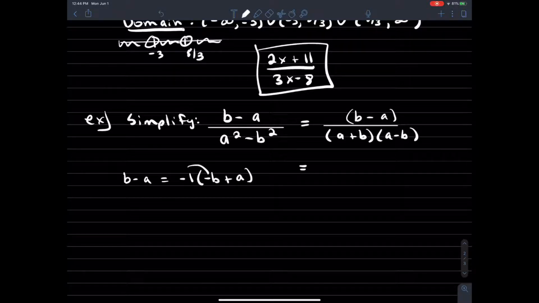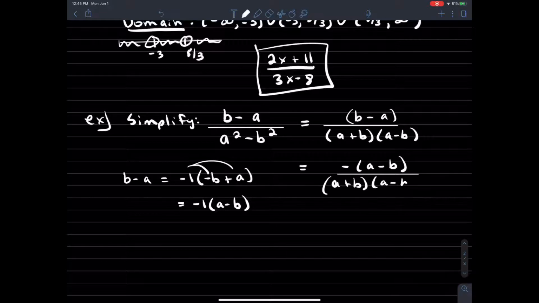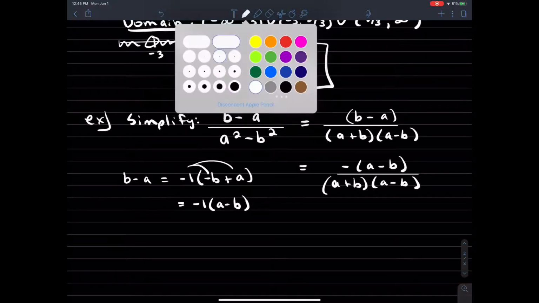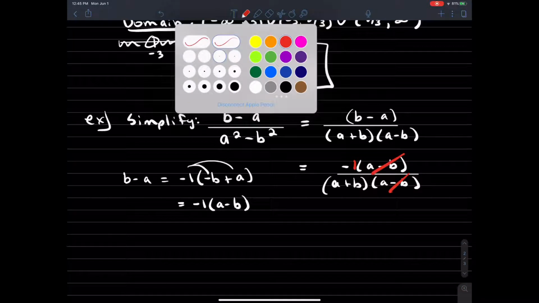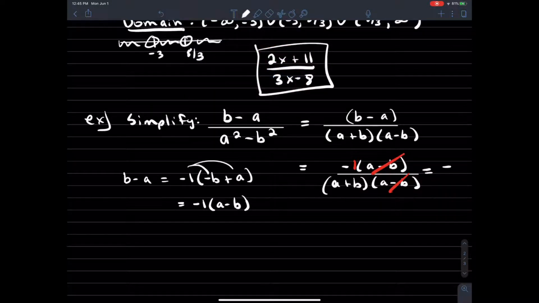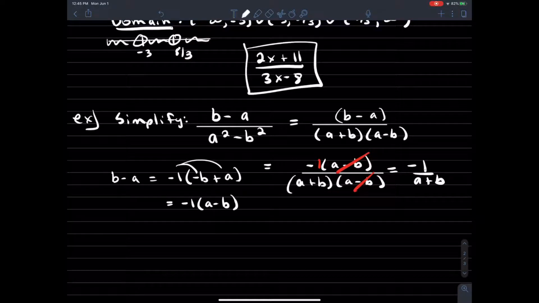When I distribute it, it's positive b minus a, and that becomes minus 1 times a minus b. So we can factor out a negative from the top, and now we have exactly the same thing, left with a negative 1. There's nothing left on top, so it's minus 1 on top and a plus b on the bottom. And that's our final answer.